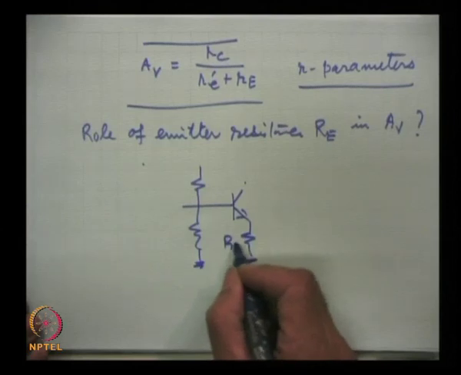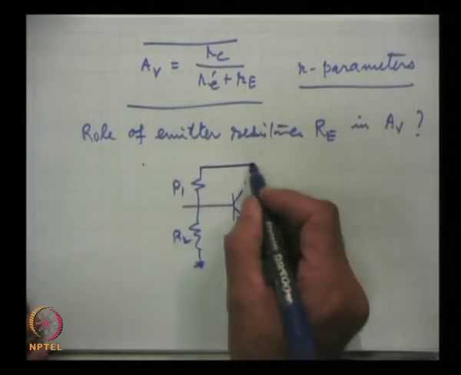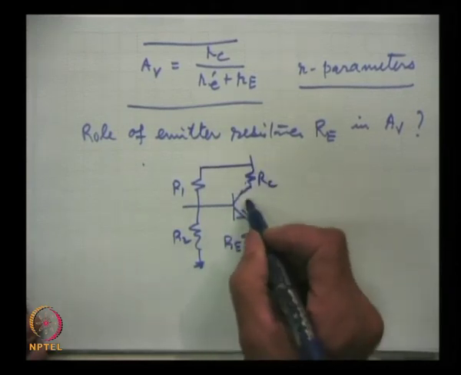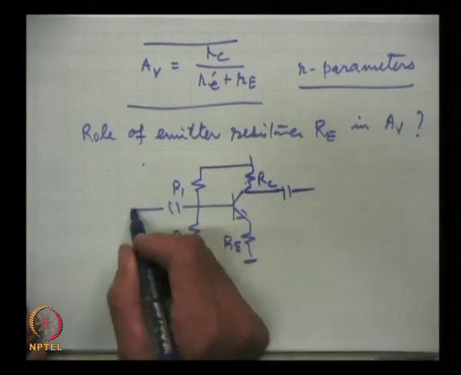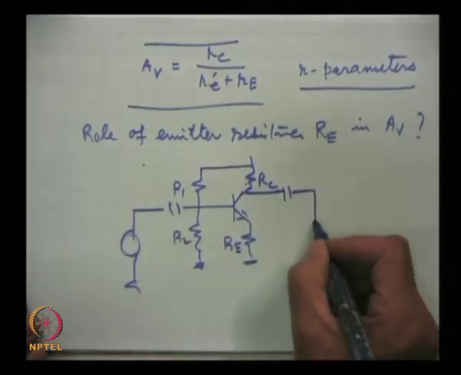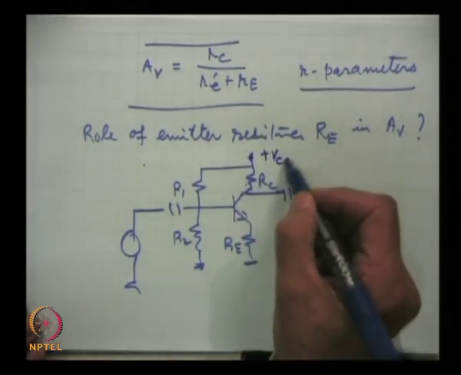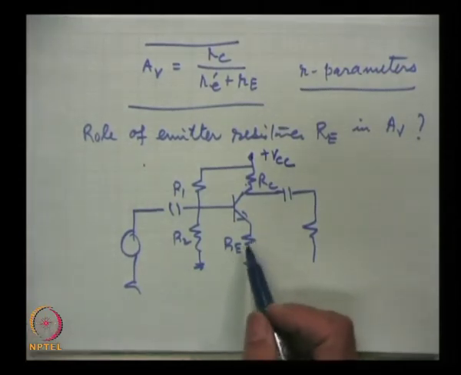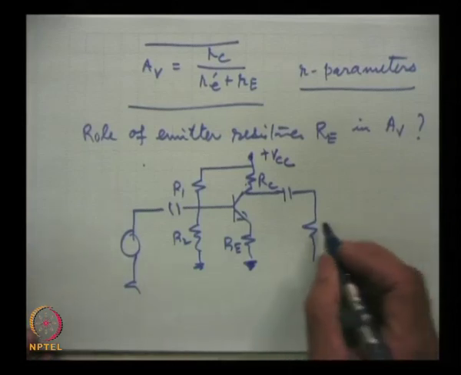This is Re, R1, R2, Rc, and from here this capacitor, another capacitor. Suppose we use this resistance and we do not bypass it, then what is the influence?